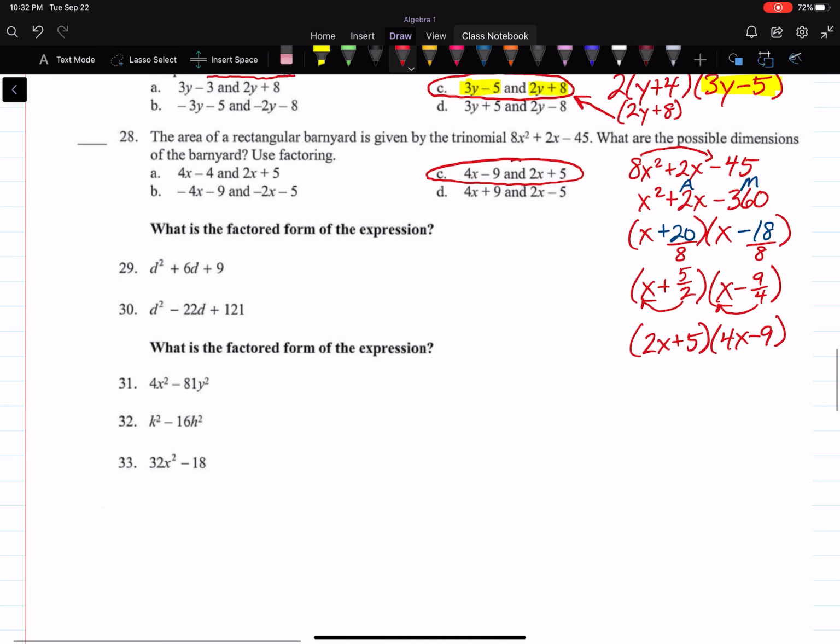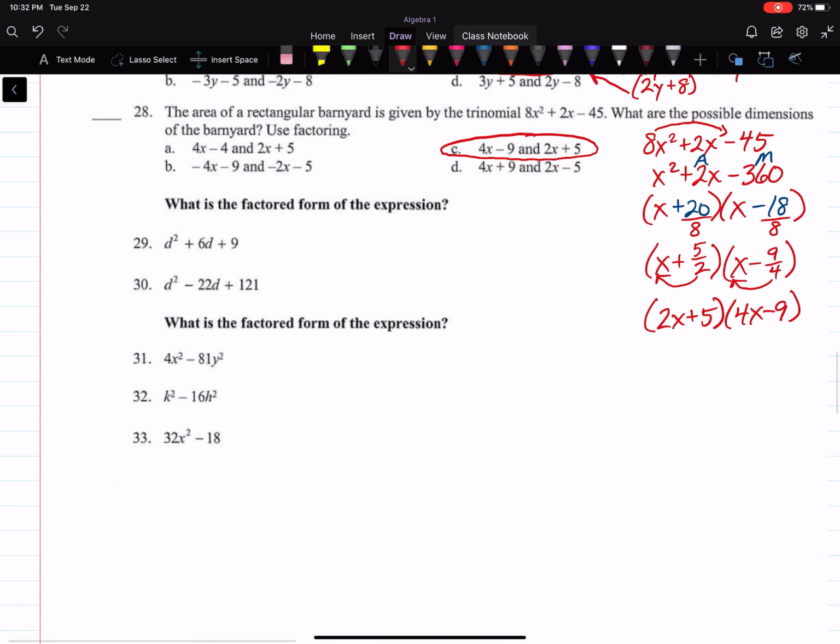All right, the last 5, these are your special factors. So they're special cases. So be careful on how you write your answer. Like here, we're looking for two numbers that multiply to be 9 and add up to 6. That will be d plus 3 times d plus 3. But they don't want you to leave your answer like that.